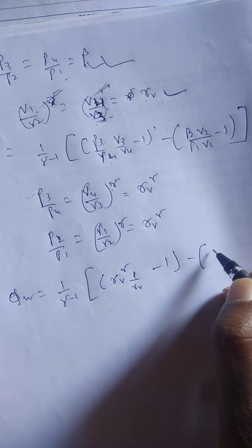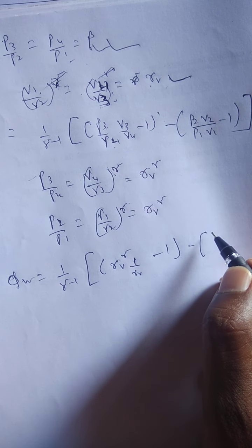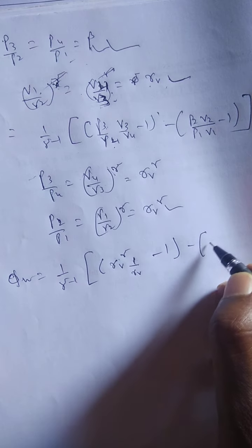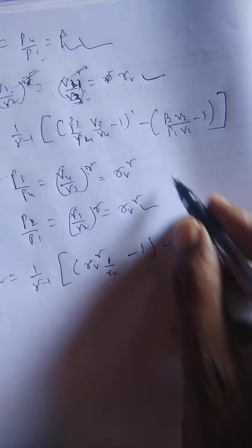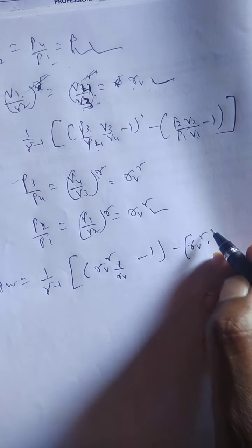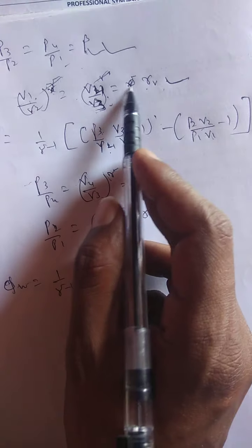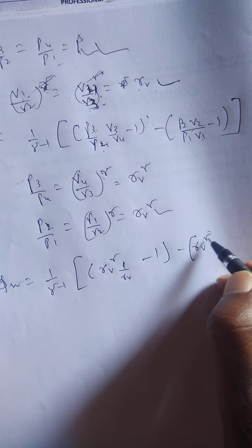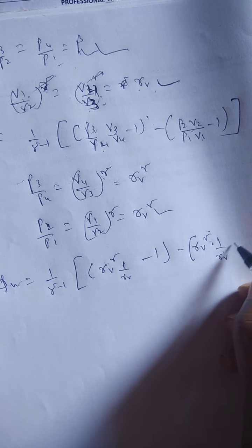Next, let's close this. What is the P2 by P1? Again here, P2 by P1 is RV to the power gamma, into, next, what is V2 by V1? V1 by V2 is equal to RV, so V2 by V1 we need to take as 1 divided by RV, minus 1.